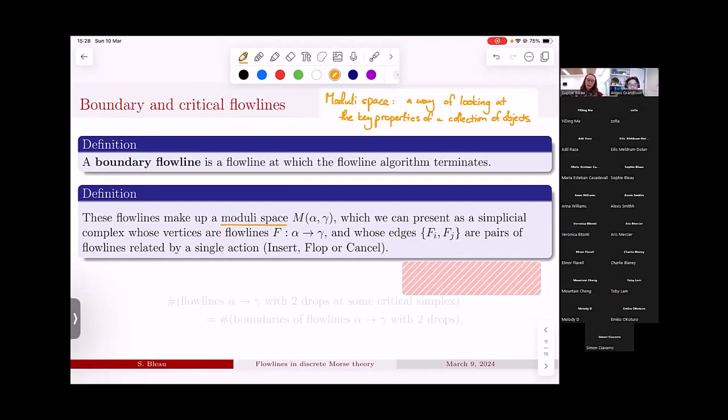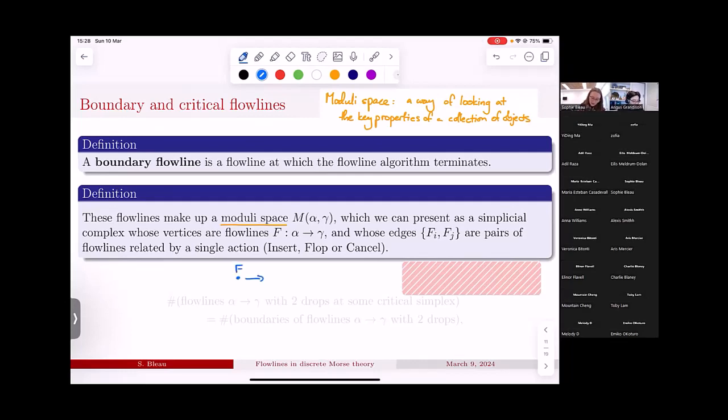So if we have a flow line F and we apply, say, flop to that flow line, and then say it's got a redundancy, so we cancel out that redundancy and get to another one, and we flop again and say our algorithm terminates there, and we call this flow line F prime.